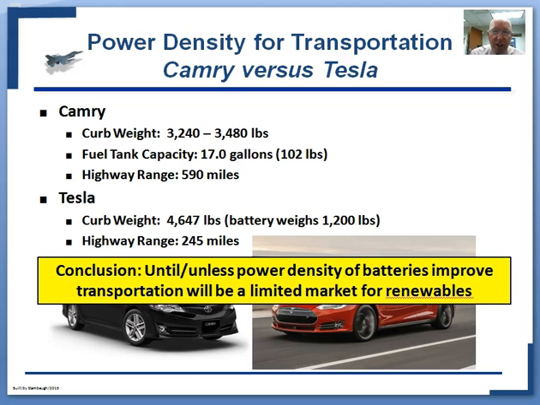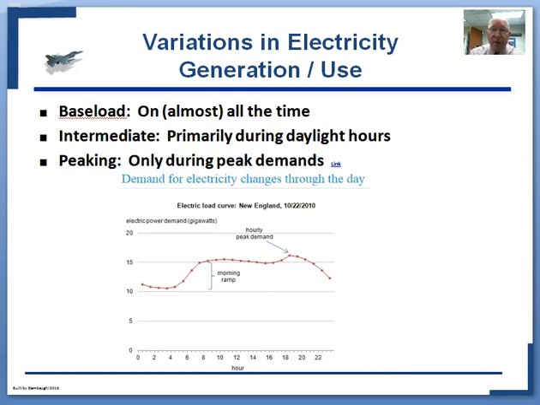And so because of that, transportation is going to be a hard market for them to break into in terms of airline travel or air travel, or the 18-wheelers going down the road. Anything where you cannot afford to carry around just a lot of battery weight to be electric is going to be a hard market, and that's why I think transportation is going to be the last market that renewables are going to be able to penetrate until the batteries significantly improve and come closer to fossil fuels in power density.